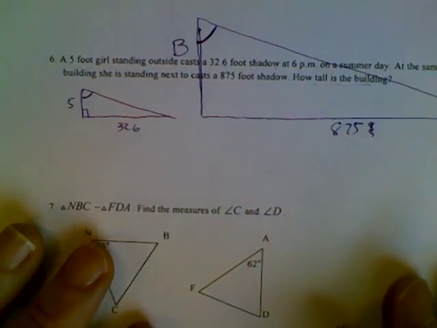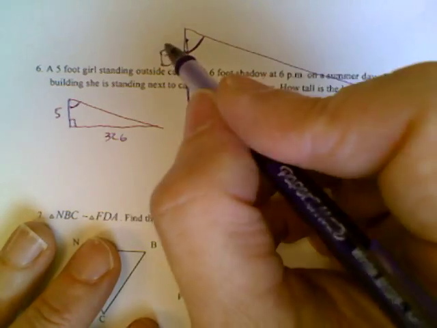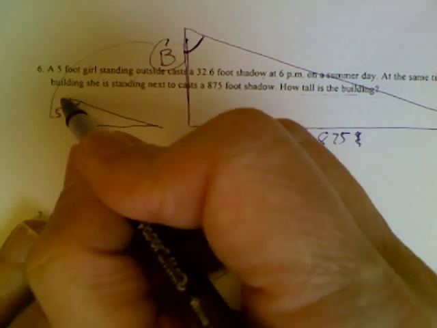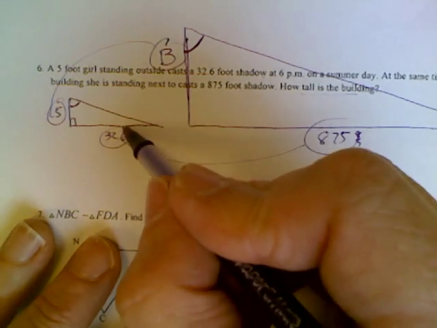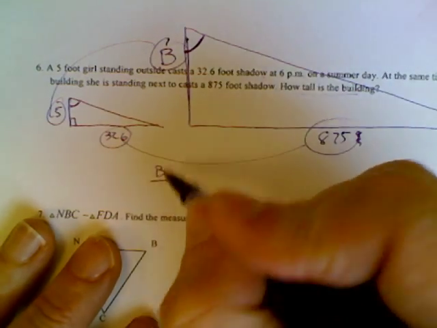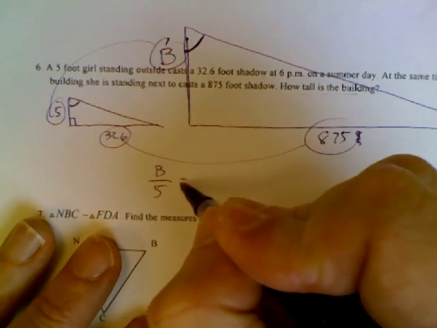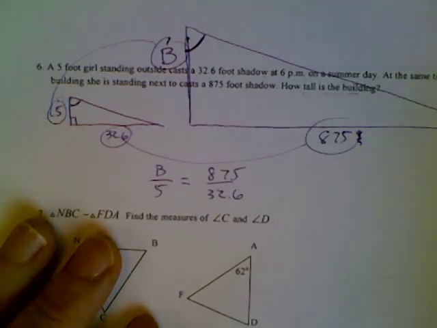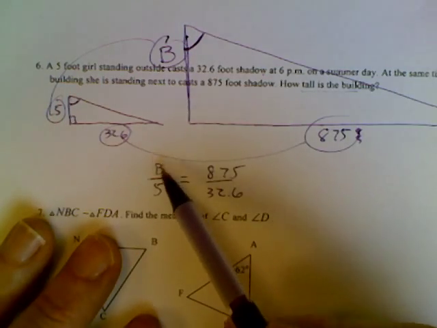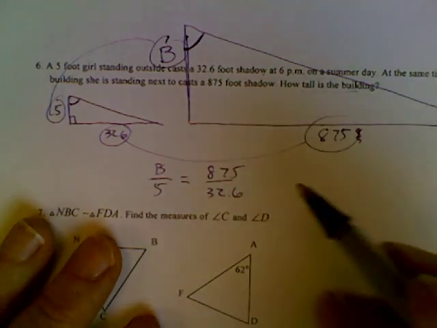So the triangles are definitely similar to each other. The building height matches up with the girl's height. The building shadow corresponds to the girl's shadow, and we can write B over 5 is equal to 875 over 32.6. Okay, height over height, shadow over shadow.